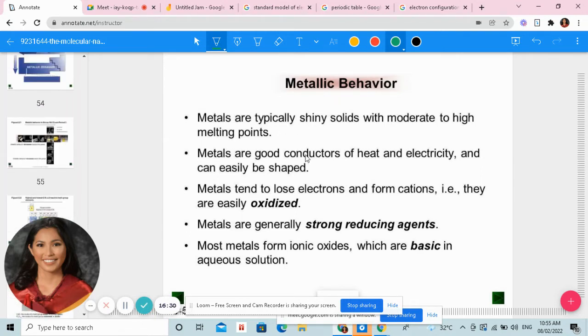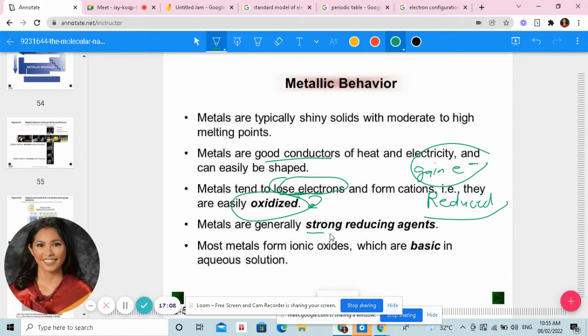Okay, we also have metallic, kapit na. Metals are shiny solids. Metals are good conductors, so that's the property of metals. Metals tend to lose electrons. When we lose electrons, we call them oxidized. But when they gain electrons, that is for non-metals, they are reduced. Take note of the terms. Lose electron, oxidize. Gain electron, reduce. But this happens to non-metals only, not for metals.